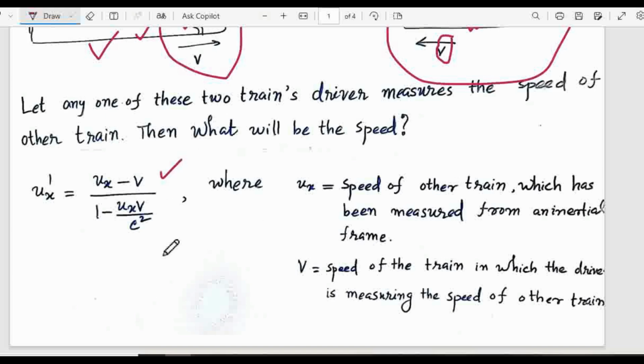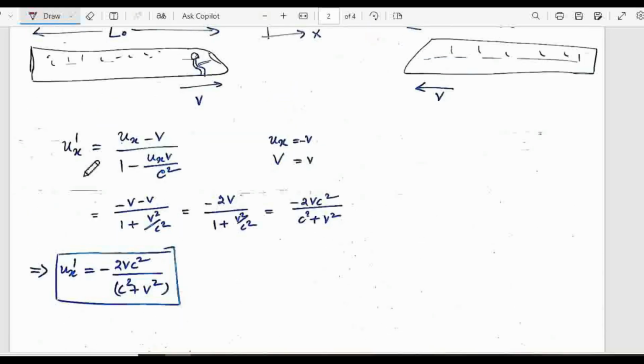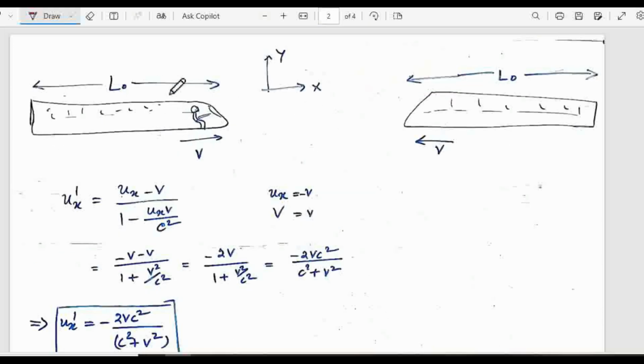So how can you find it? Let's see. This ux is minus v. Why am I putting minus v? As you see here, this train's speed is v in the positive x direction, but ux is denoting the speed of this train, and this train is moving towards left, and we are taking this direction as negative, because the positive x direction is the other way.